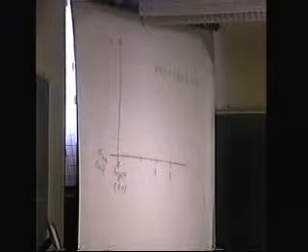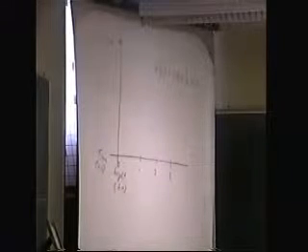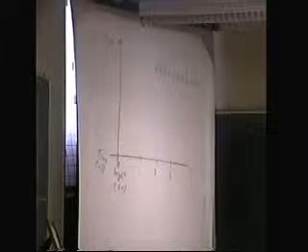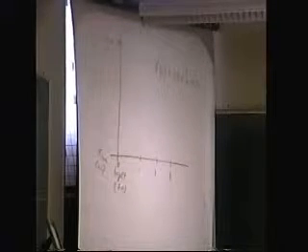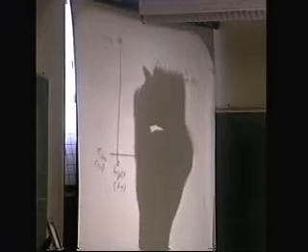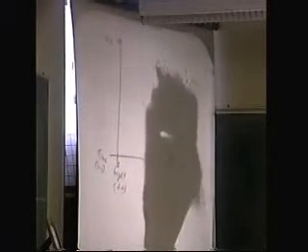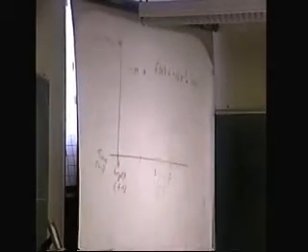Substitute 1 in there, we get negative 16 plus 100. Oh, 84. Generally, objects fall down. 84. At 0, 100.